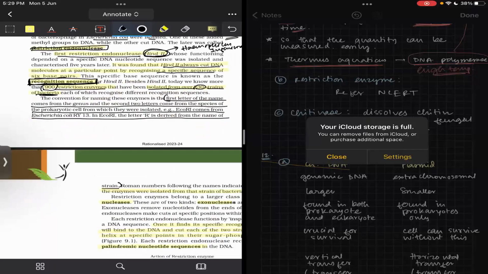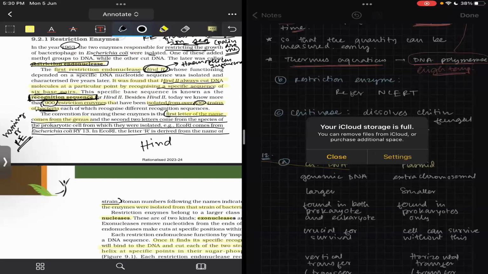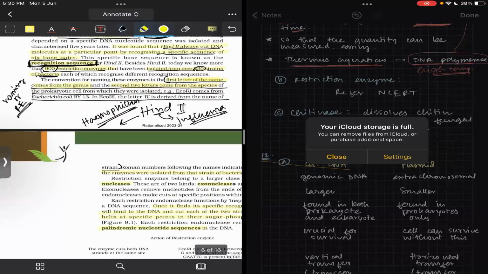And how do we do the naming of RE? This is very important. So the first letter of the name represents the genus. As you can see, H, in, d, II. H represents the genus Haemophilus. And the second two letters come from the species. IN denotes influenzae. And the fourth letter, that is d, represents the strain.